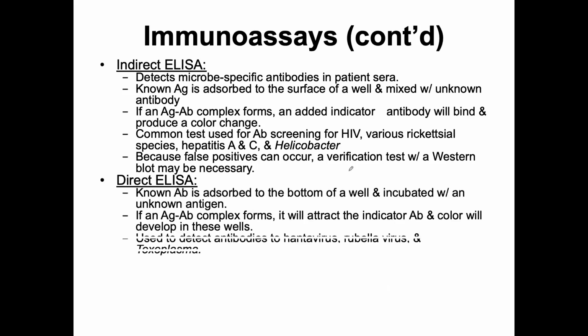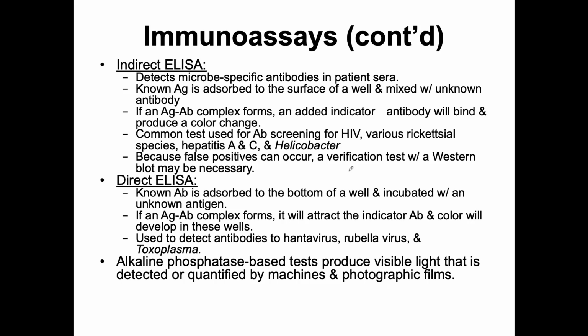Okay, in a direct ELISA, known antibody is attached to the well and incubated with unknown antigen, and then an antigen-antibody complex forms, and then we have an indicator antibody that we throw in, and the color develops in those wells. Okay, just like we diagrammed 2 slides ago.